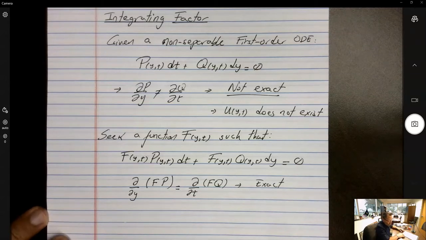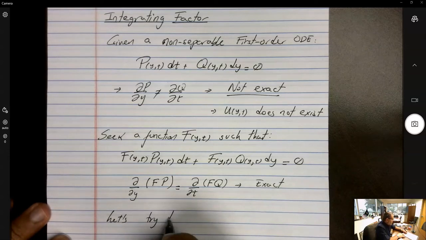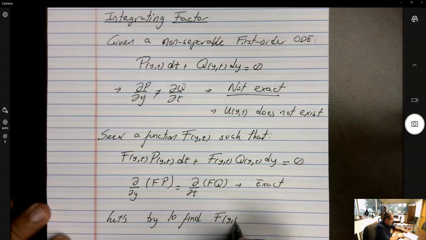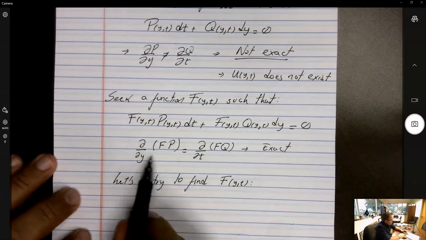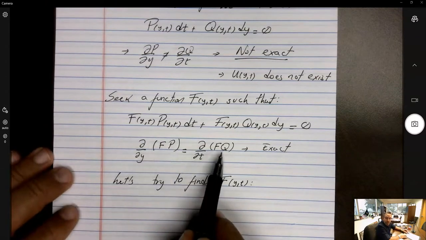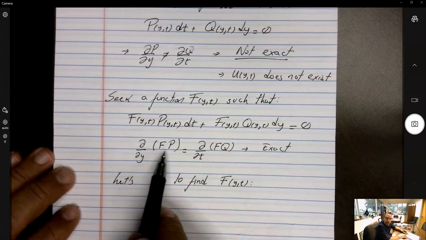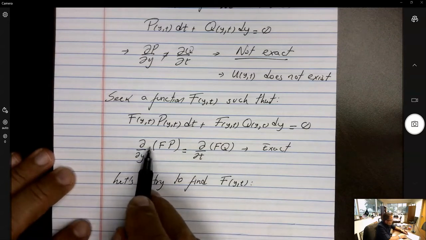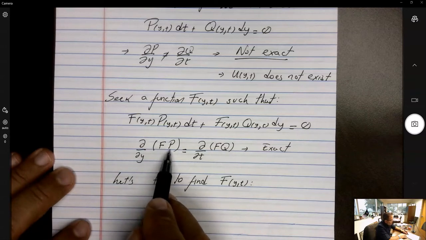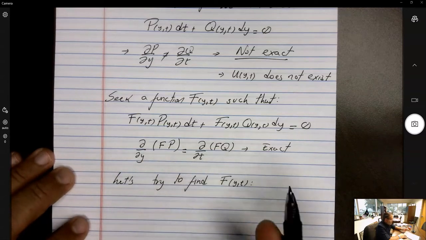So if you do this, let's try to find f of y and t. Now, remember this is a constraint. We are coming up with a new function and this is the only requirement. I'm going to apply chain rule since f and P are both functions of y and t.